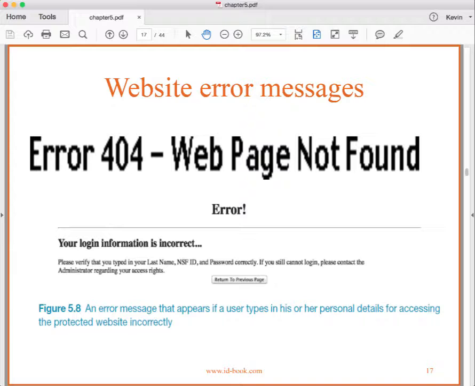Or perhaps it does have some constructive things. Please verify that you typed blah, blah, blah. But what's really prominent here is you've done something wrong. And certainly error is pretty sharp. Okay, so I'm sure we've all been to a 404 announcement page that was much more friendly and helpful than this.